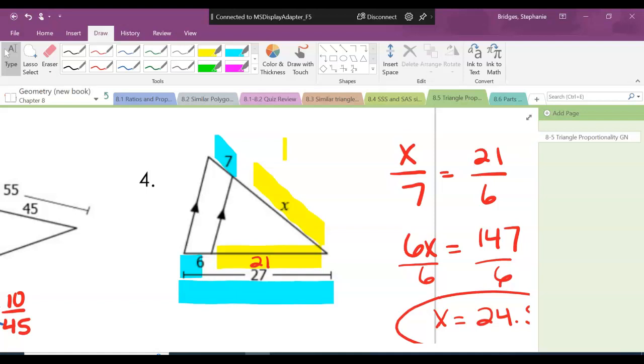All right, but it asked me for GC and CH. If GC is x, what do we find x to be? 15.75, right? And so to find this, I'm just going to do 21 minus 15.75.